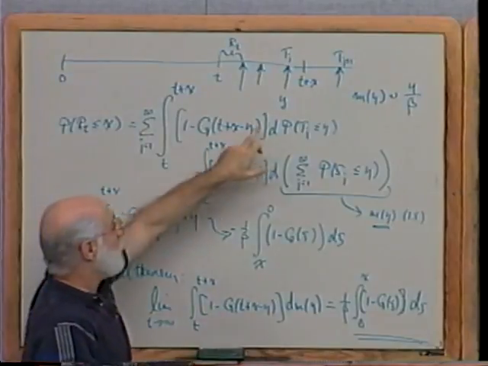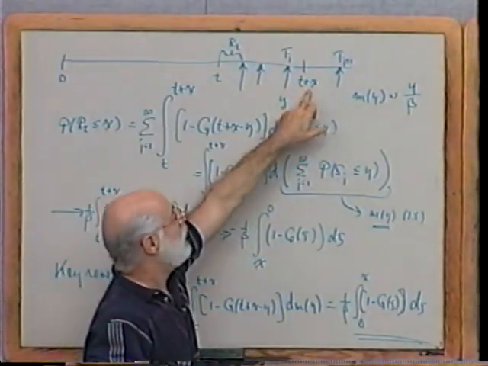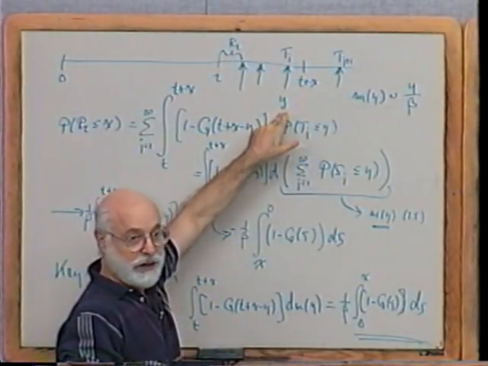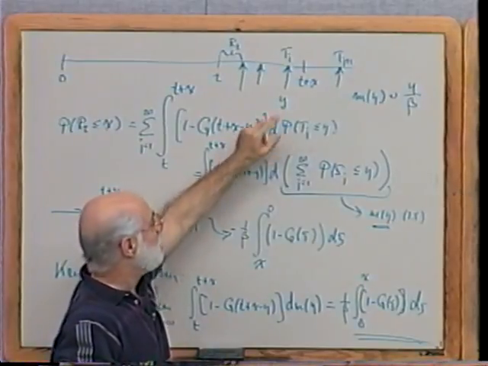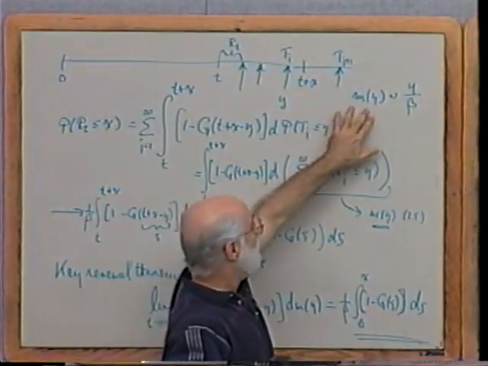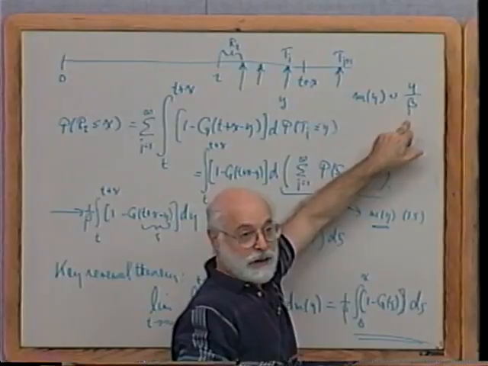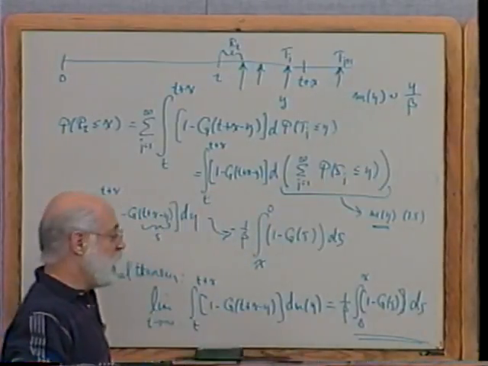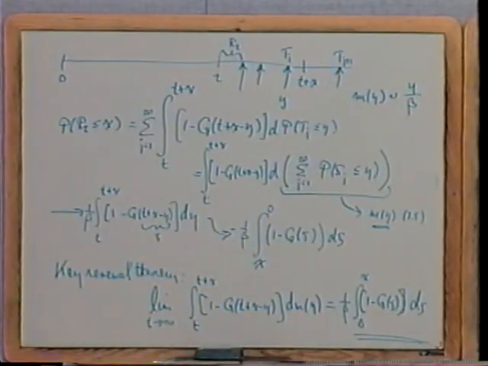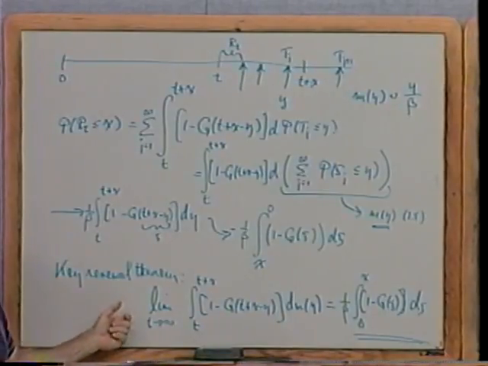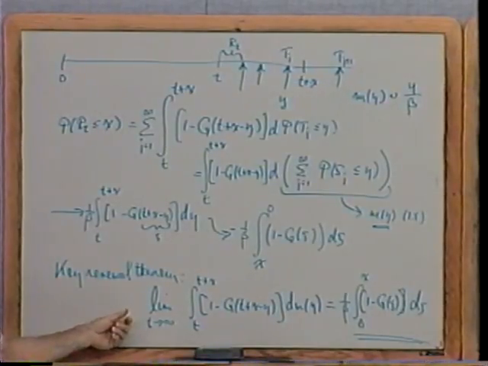And therefore the y, which is trapped between the t and the t plus x, must be going to infinity. And that allows me to replace the m of y by y over beta, and then everything else is just ordinary arithmetic. So in that sense, we don't really need to prove the key renewal theorem unless you're interested in the mathematics for its own sake, because this is exactly the result that you would expect to get.